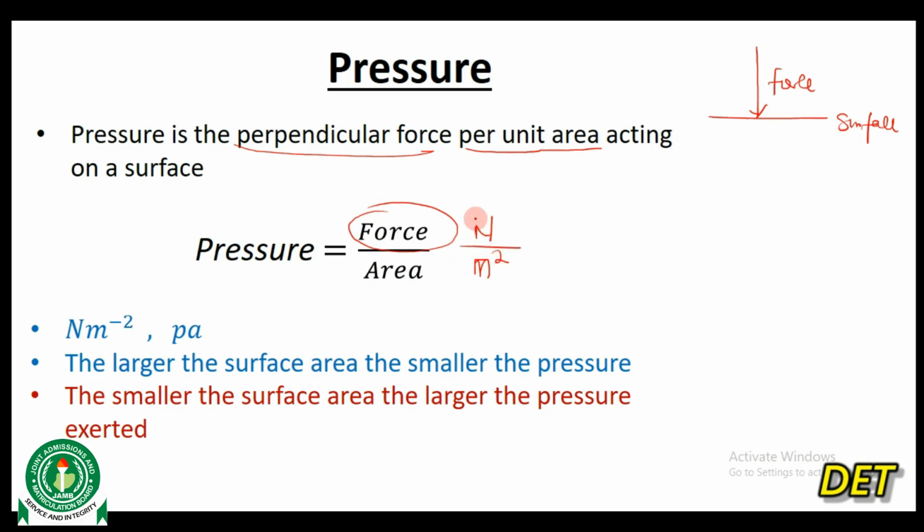So therefore, the SI unit of pressure is Newton per meter squared, which can also be written as Newton per square meter. Another unit for pressure is the Pascal. 1 Pascal is equal to Newton per square meter.